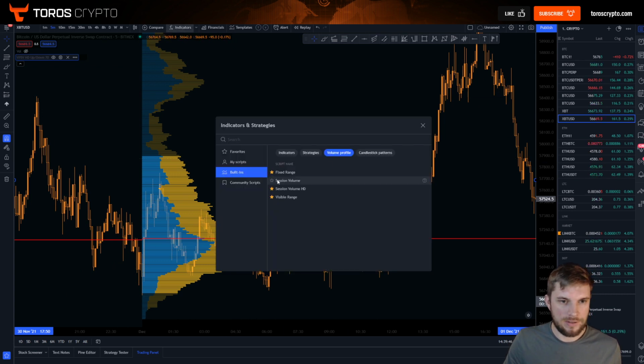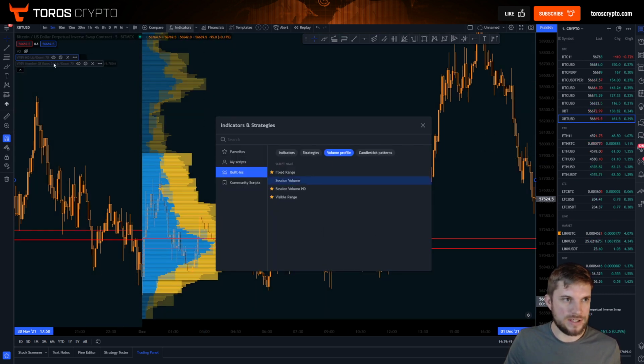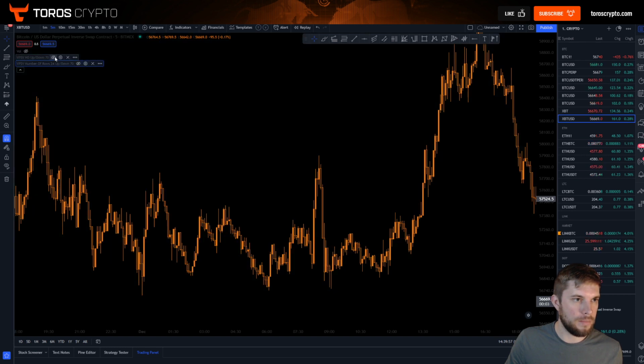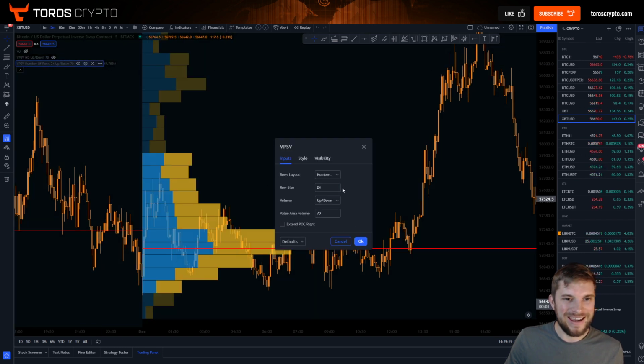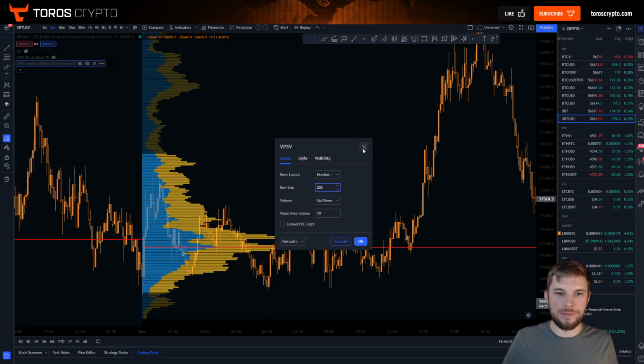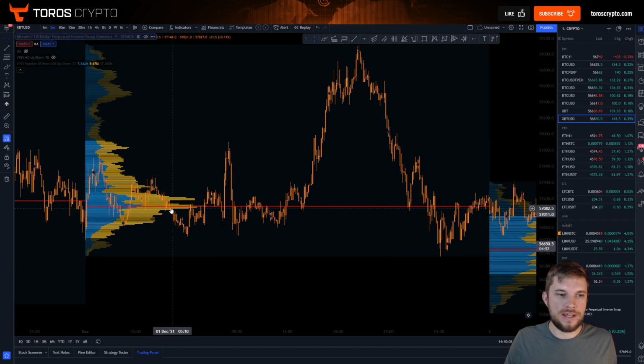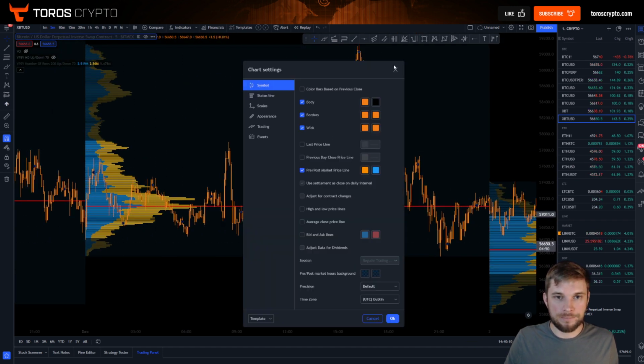The other thing I will have a look at is session volume non-HD, which is the other option that we have there. This one. And on this one, you can then choose, okay, so if you're using session volume and it's not the HD version, you can then choose the number of ticks or rows that you want.